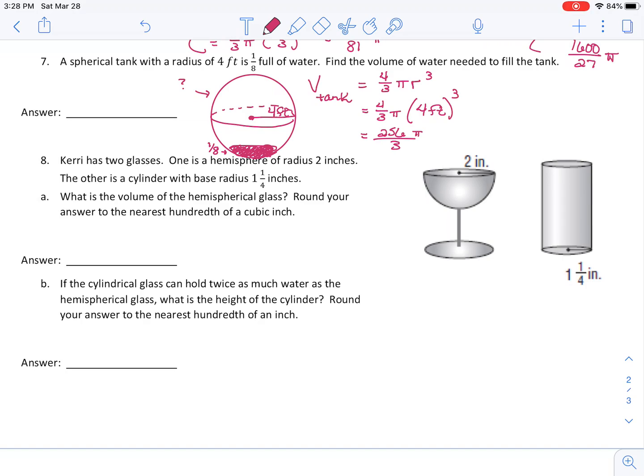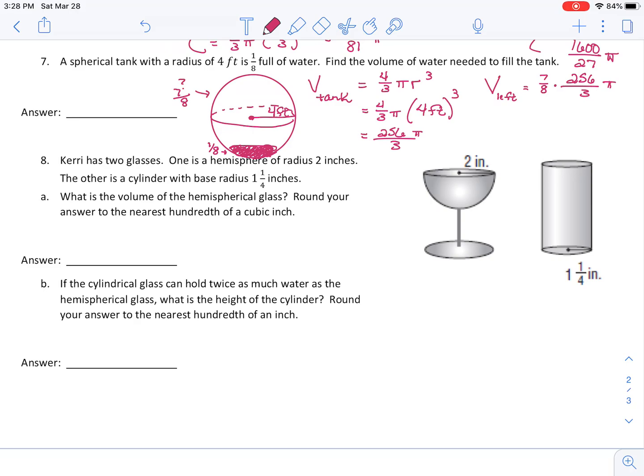If I filled it 1/8 of the way full, I still have some left over. So if 1 of the 8 is in here, how many of the 8 is left? 7 of the 8s. That's how much it takes to do the whole thing. So if this is the whole tank, then the volume of what's left would be 7/8 of the whole thing.